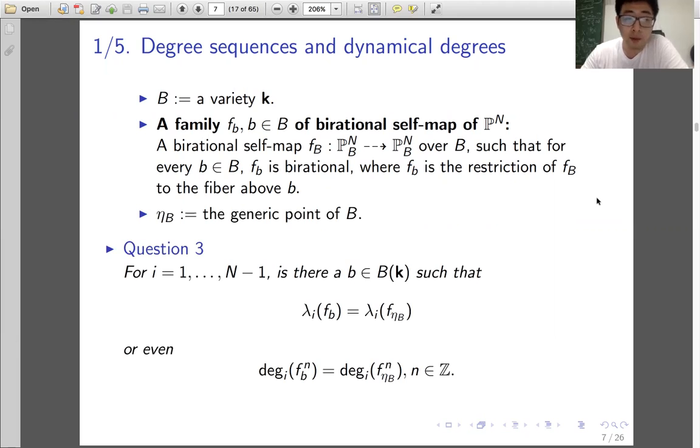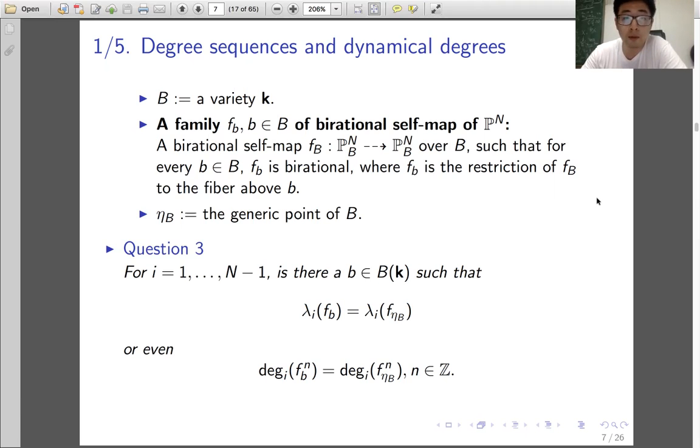For i equal to 1 to n minus 1, is there a k-point b in this space B such that lambda_i(F_b) equals lambda_i(F_{eta_B}), or even the degree sequence deg_i(F_b^n) equals deg_i(F_{eta_B}^n) for all n in Z?